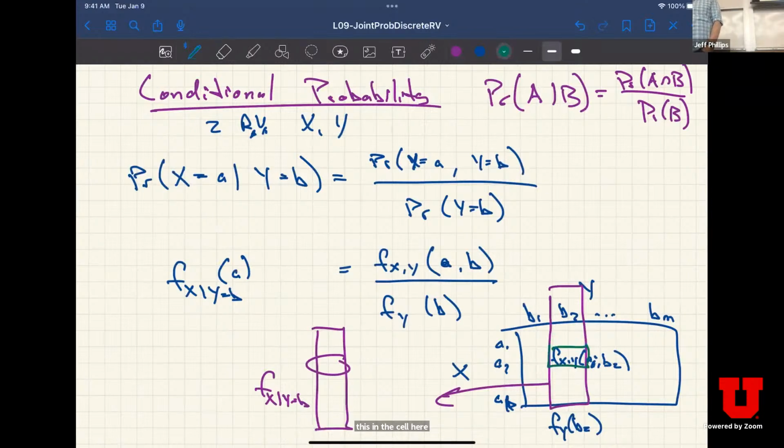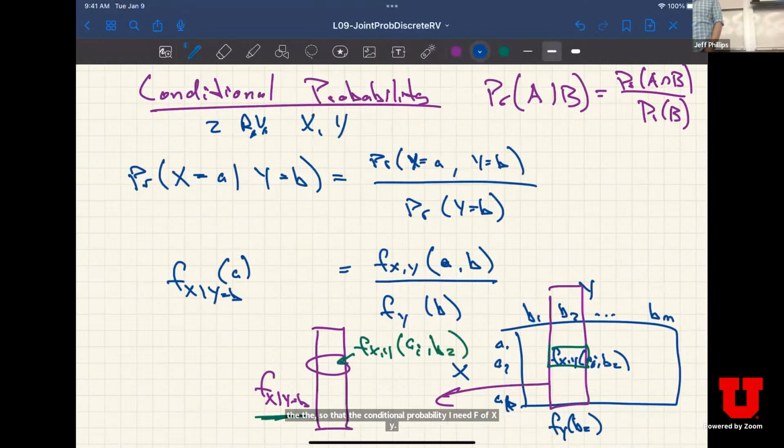And so now to get the conditional probability, I need f of x, y a_i, b2 divided by f of y b2, right?